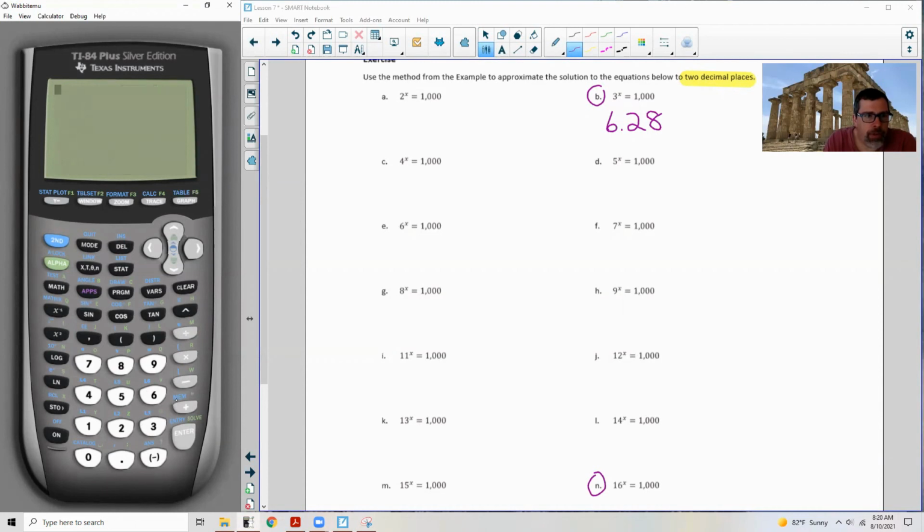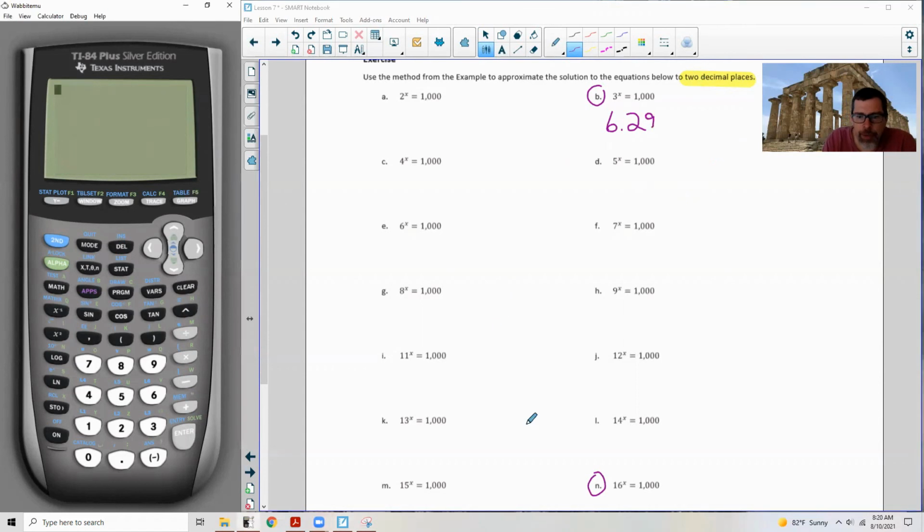Whoops, try that again. I missed the power button again. 6.288 is where I was, and that's too big. So this 8, I could have stopped at 5, by the way, because anything greater than 5 will round this up to 9. So that's what we were trying to figure out. You have to go out 3 decimal places in order to round to 2.